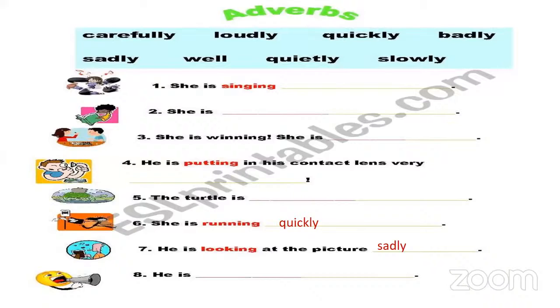Look at the two examples. She is running quickly. Now, next one. He is looking at the picture sadly. Now write the other sentences in your writing book.